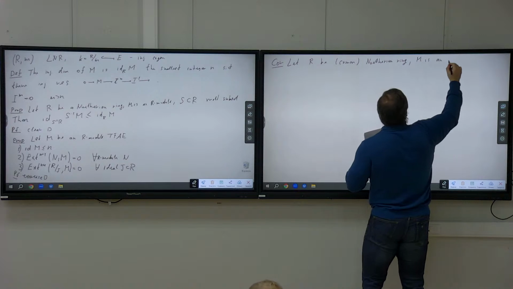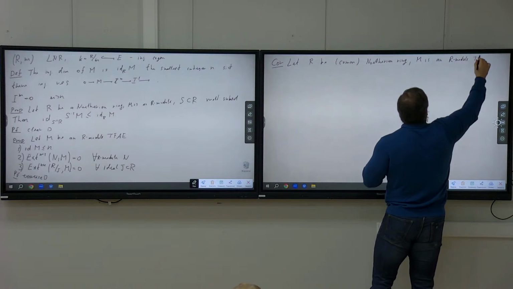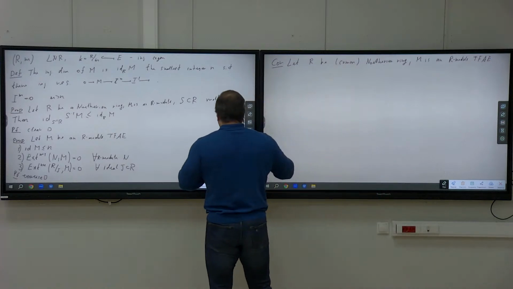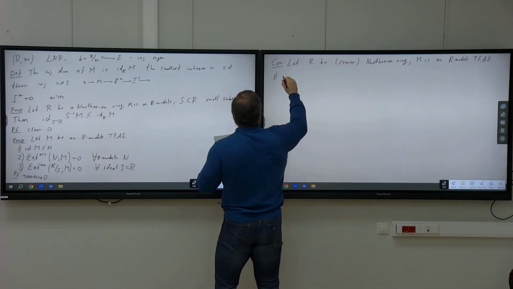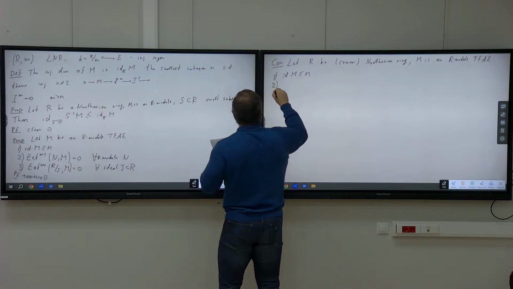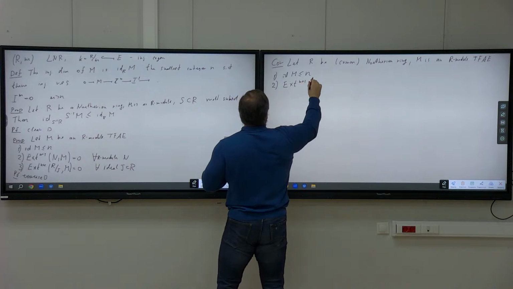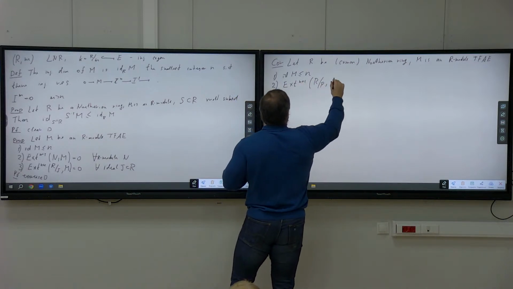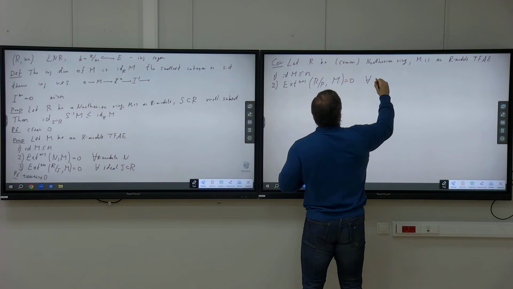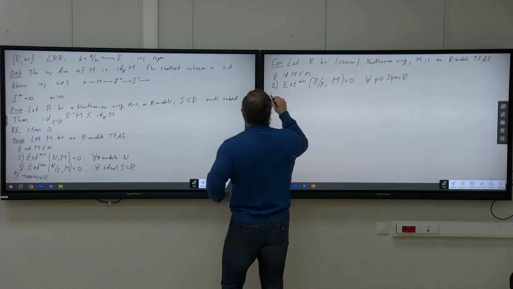M is an R module, and the following are equivalent. First, the injective dimension of M is less than or equal to n. 2, the Ext with the index n plus 1 between R modulo P and M is 0, and this has to be true for any prime ideal P. Proof.